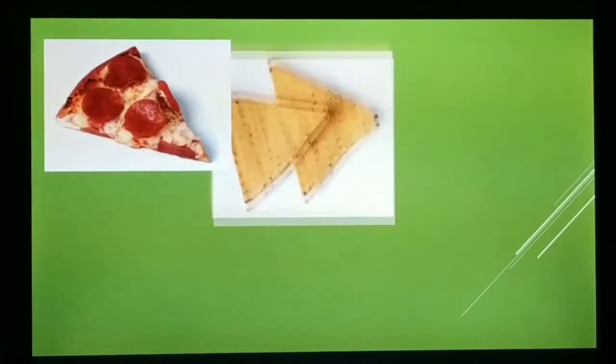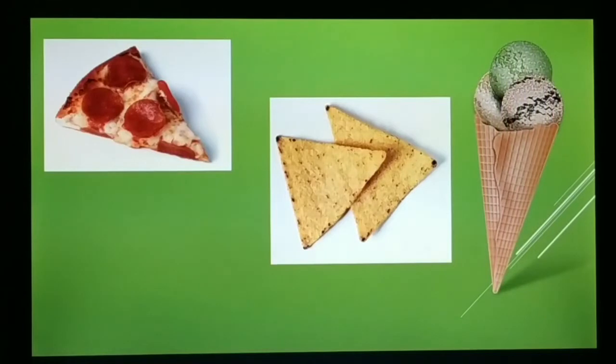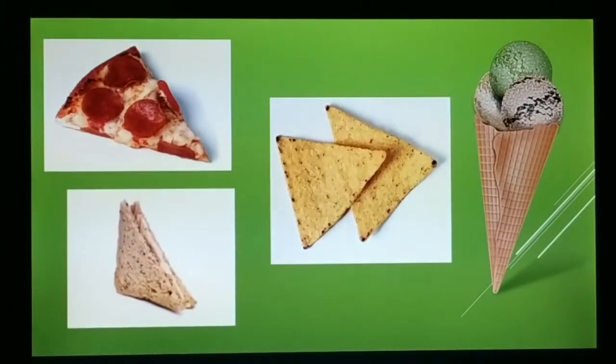A pizza slice, tacos, ice cream cone, and a sandwich that has been cut in half. These are the things that we eat and they look like a triangle.